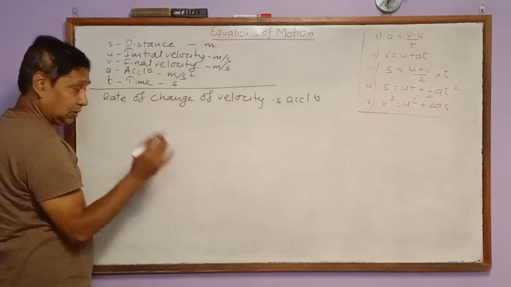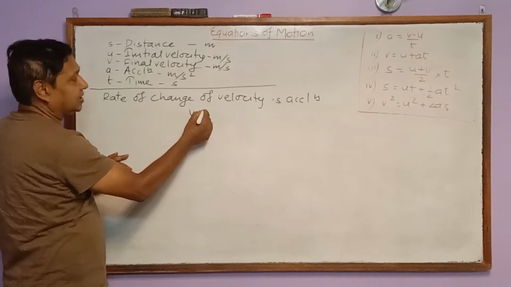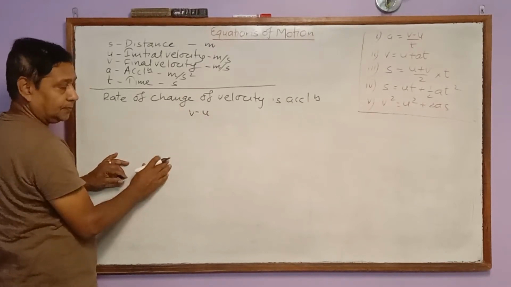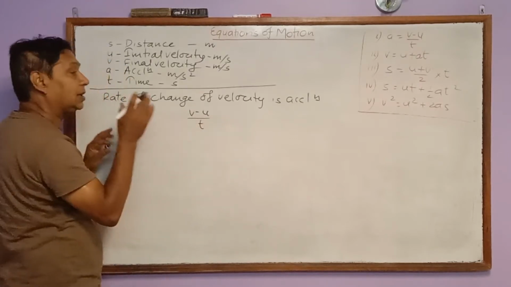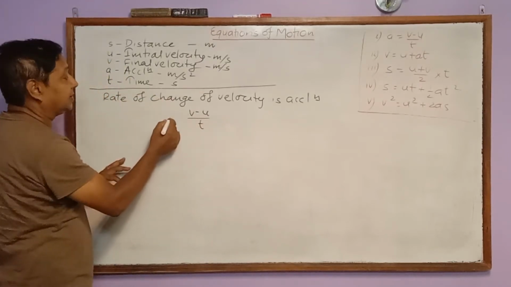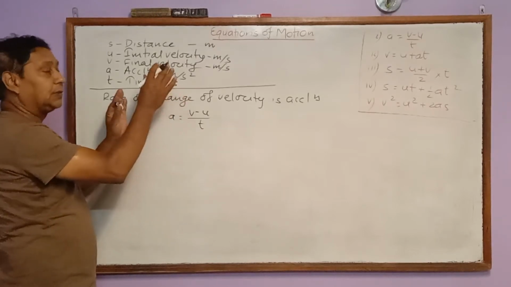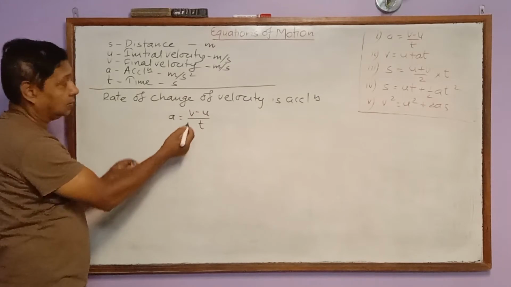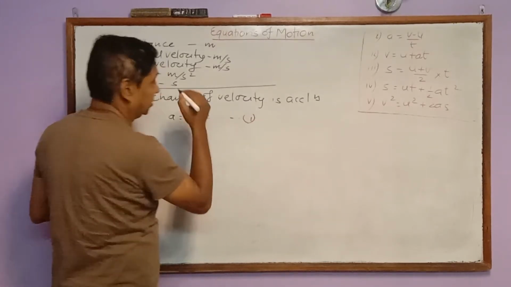Change of velocity means final velocity minus initial velocity, v minus u. If it is divided by t, then we get the rate of change of velocity, and this is acceleration. This way, with the help of the definition of acceleration, we get this equation. Equation number one is proved.